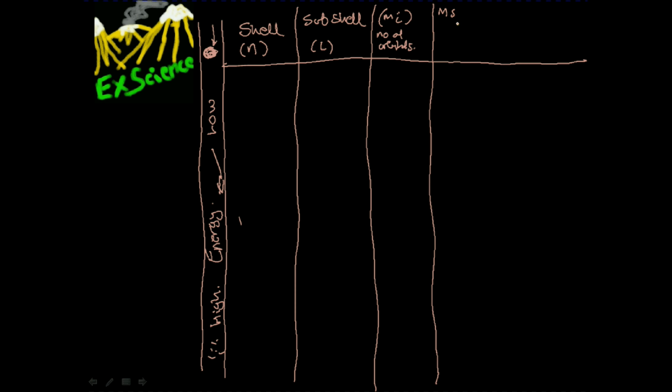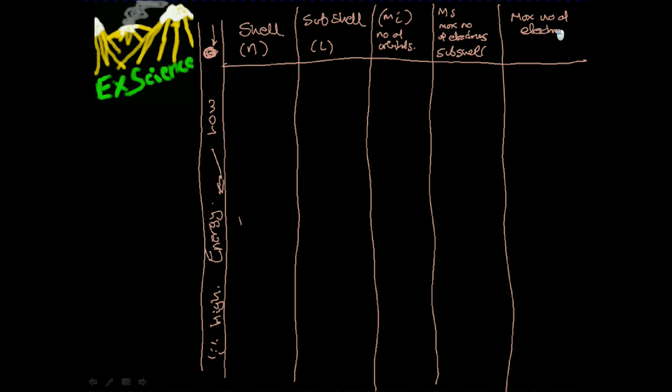MS. So if I take the number of orbitals and times it by 2, that gives me the maximum number of electrons for each orbital and for the subshell. The subshell. And here, the maximum number of electrons per shell.